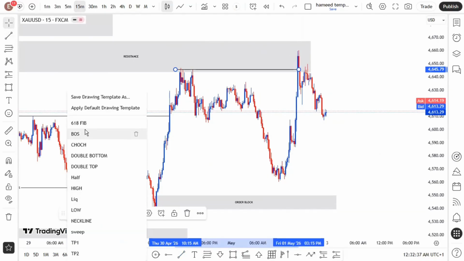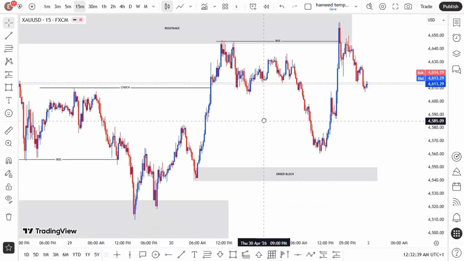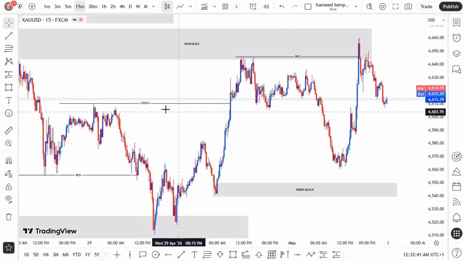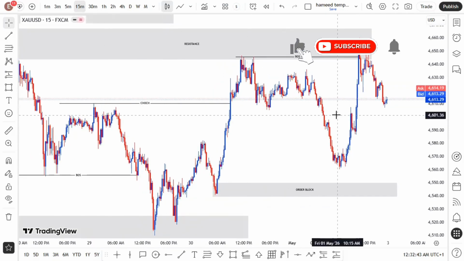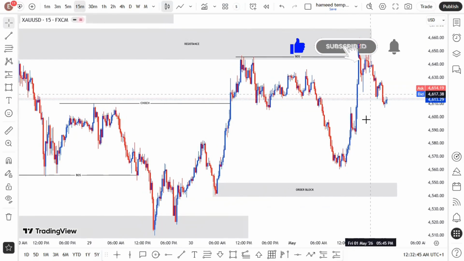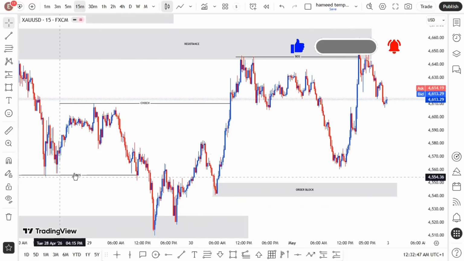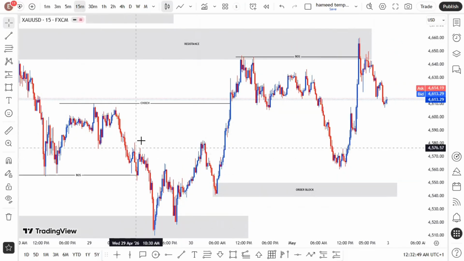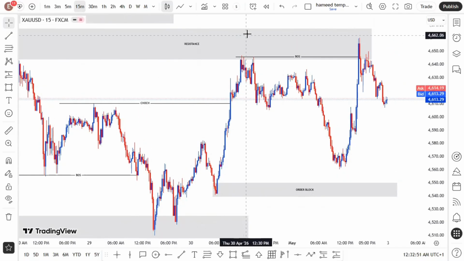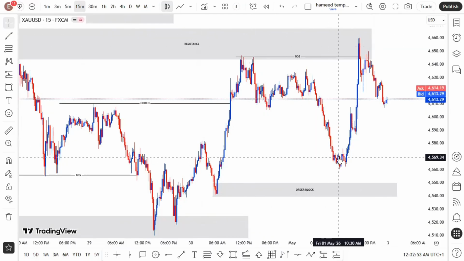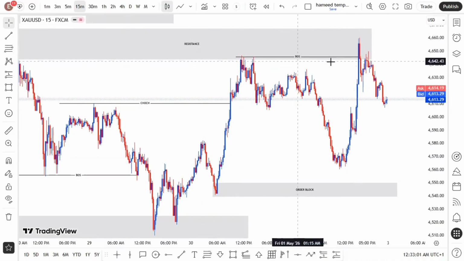So now that's qualified for a retracement, which means after this break of structure, we have this change of character. The market comes back down here and moves to give us a new break of structure.